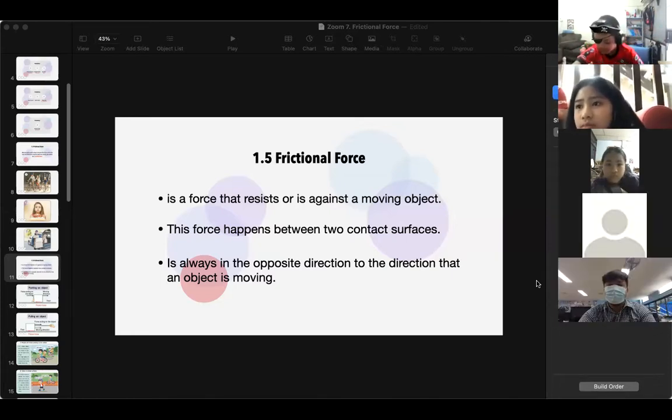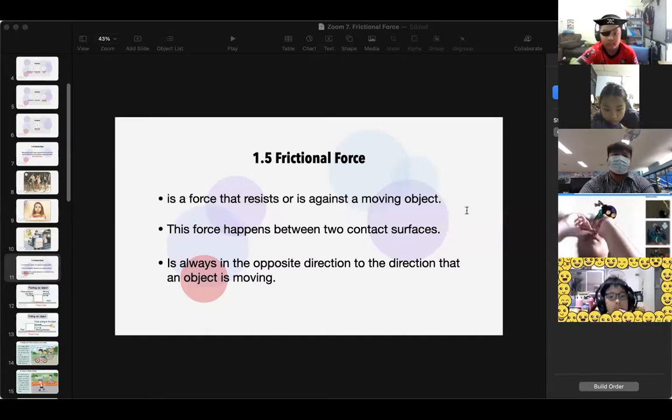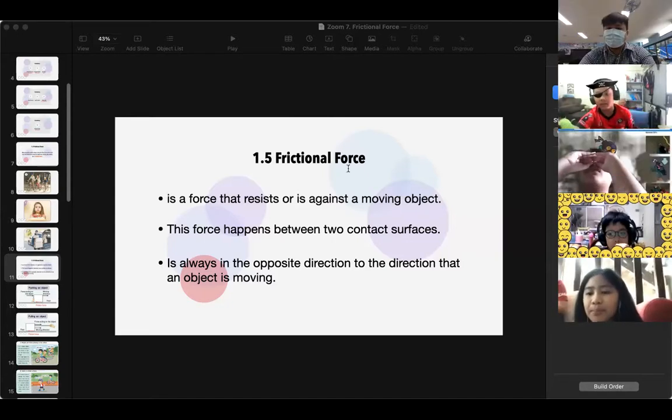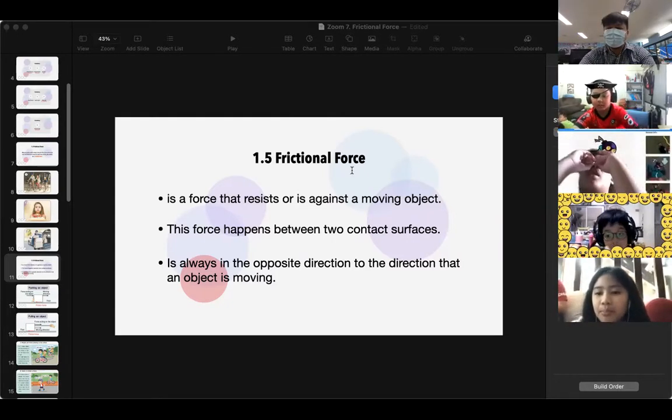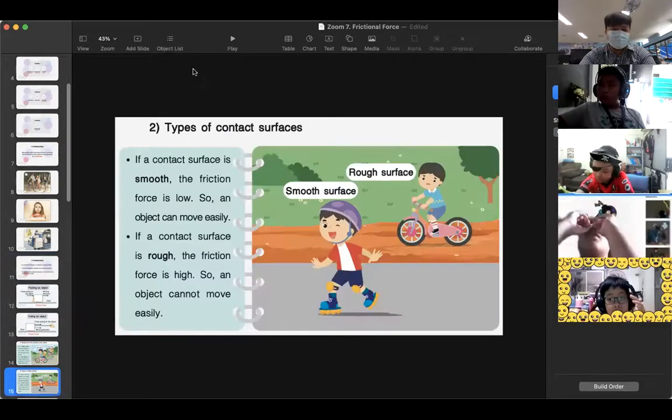Yes. Rough surface. Someone answer that. No one? What makes it move slower? No more? Okay, let's proceed to the next question.